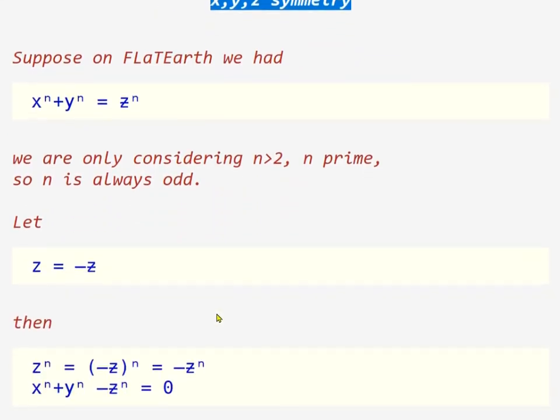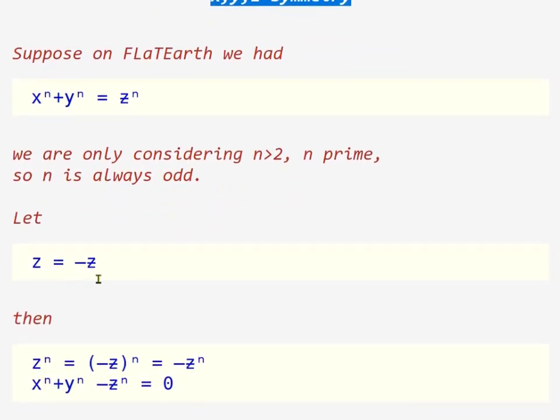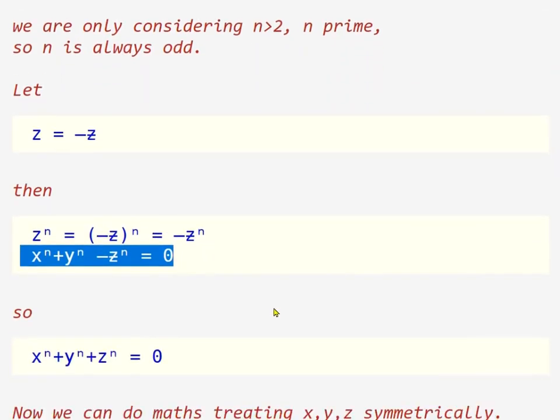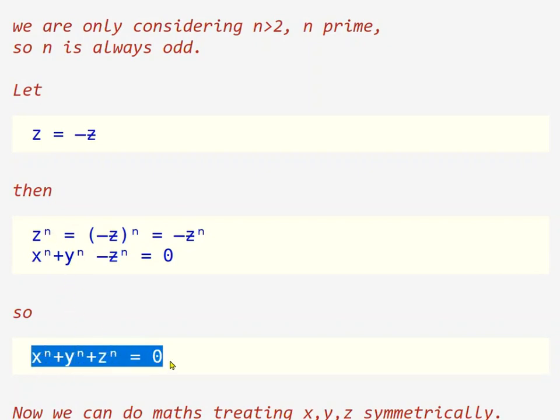If we let z be negative z bar, then z power n is negative z bar to the power n. So from this, and therefore replacing z bar with z, we have x to the power n plus y to the power n plus z to the power n equals 0.